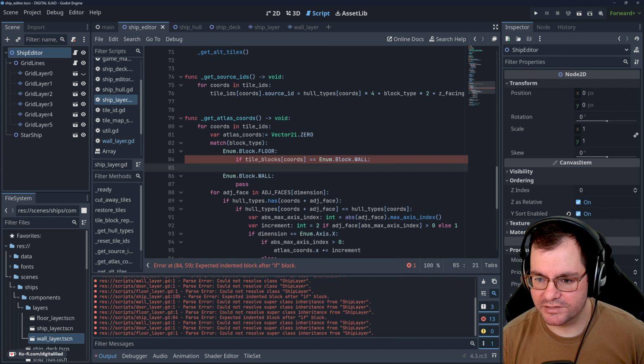Interesting. I think we'll shorten adjacent faces to just be this. Maybe we roll it out a little. I don't remember where we do that, but we rolled this out somewhere.